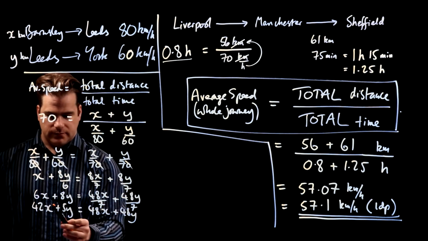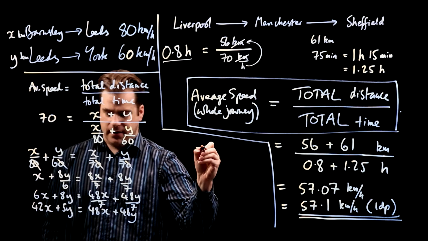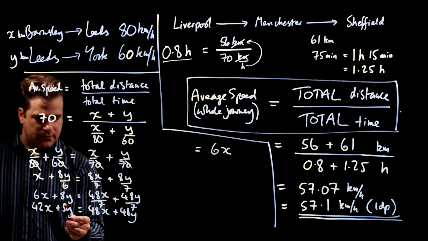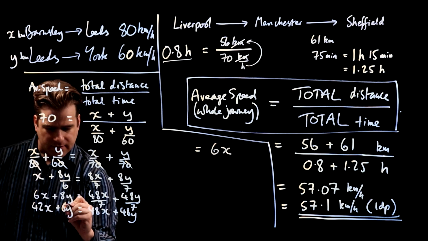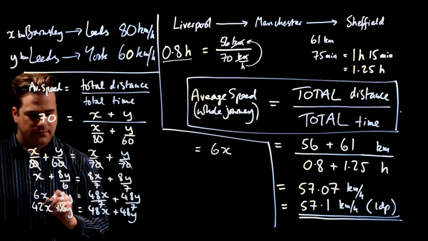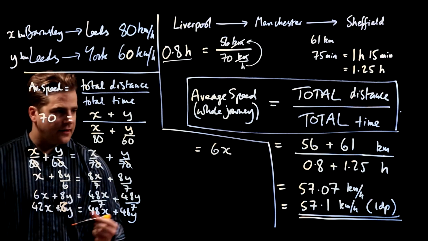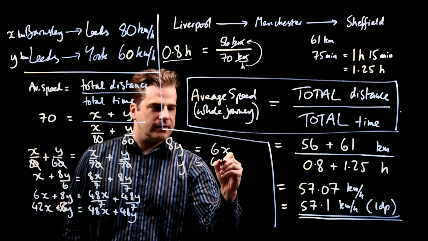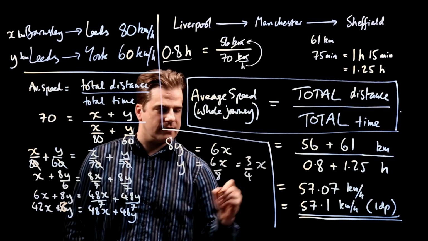So subtract 42X on both sides and we get 6X on that side, and 56Y. Subtract 48Y from both sides and we get 8Y. So in other words, Y is 6X over 8, or 3/4 of X.